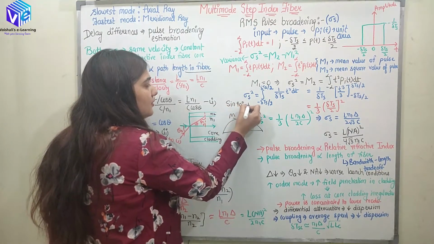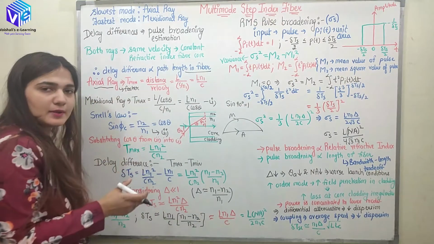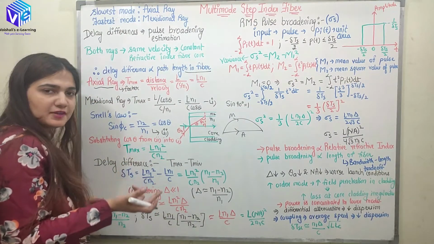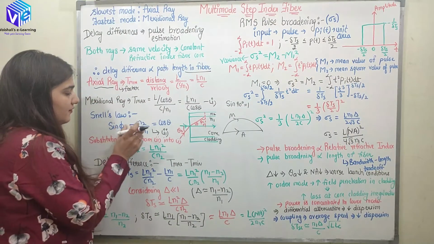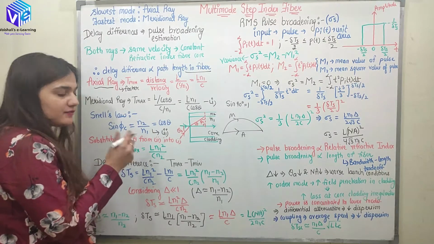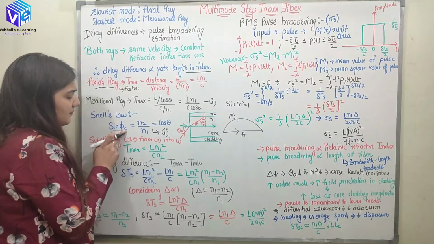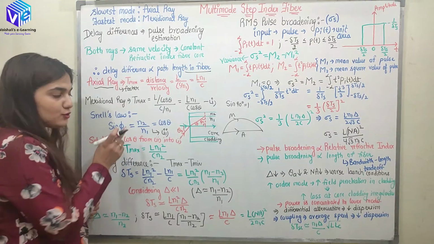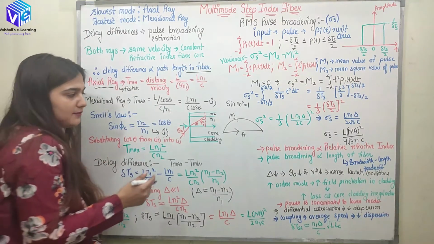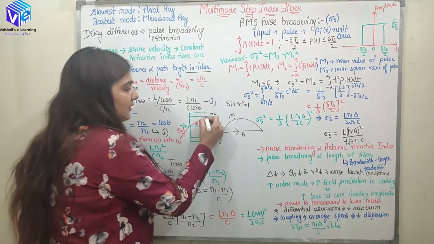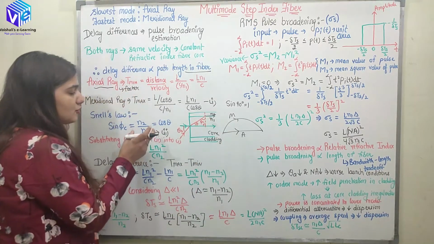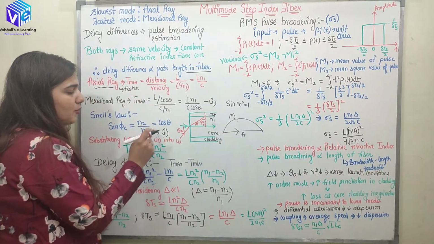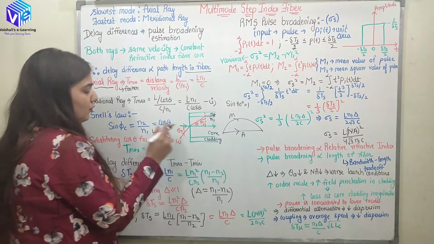So sine of theta 1 upon sine of theta 2 would be n1 upon n2. Similarly here, sine of phi c upon sine of 90, which is 1, so it is represented as sine of phi c only. So sine of phi c is n2 upon n1 because it is the critical angle, the ray is passing like this, right? So now here we will be having n2 upon n1, which is equal to cos of theta.